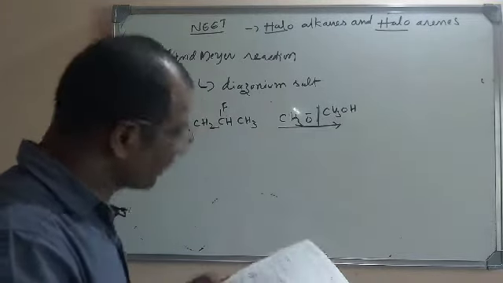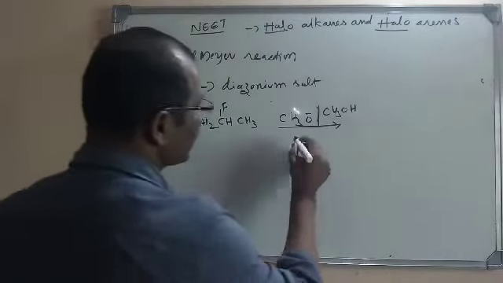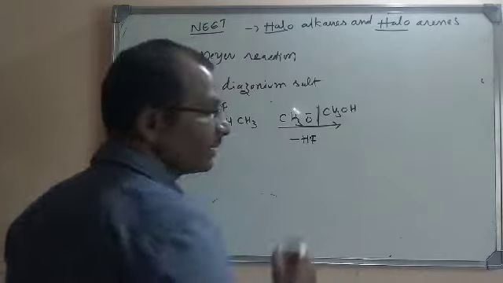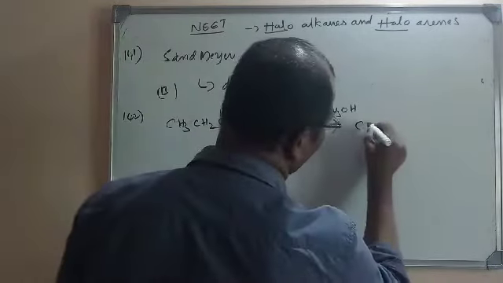What is the major product here? If you observe, it is an elimination reaction, a dehydrohalogenation reaction. In this reaction, when hydrogen halide is removed, an alkene will be formed.